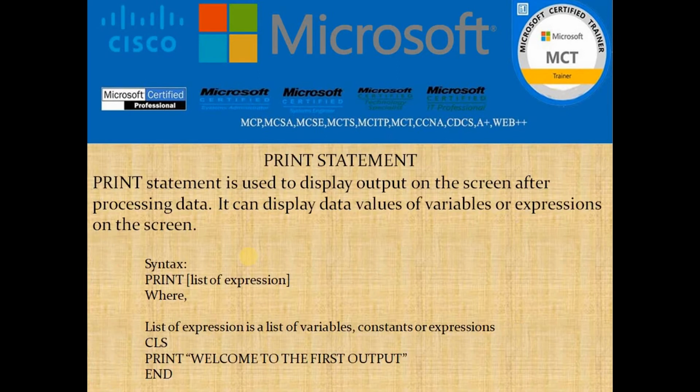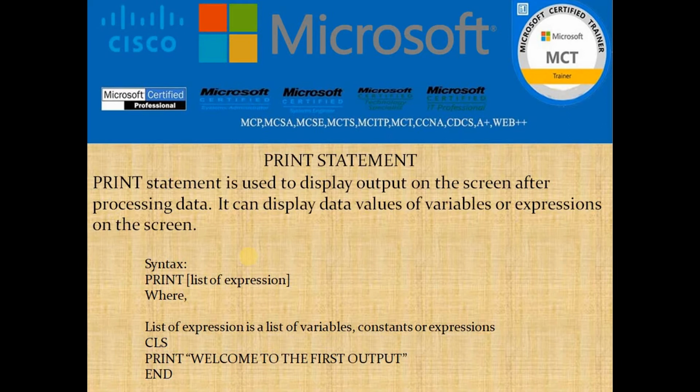Now let's jump ahead to some other basic QBasic statements without which we will not be able to write a program. The most commonly used basic statement in QBasic is the PRINT statement. The PRINT statement is normally used to display output on the screen after the data is processed. When you write a program to display any data on the screen, that has to be supported by an output statement, and that output statement is the PRINT statement.